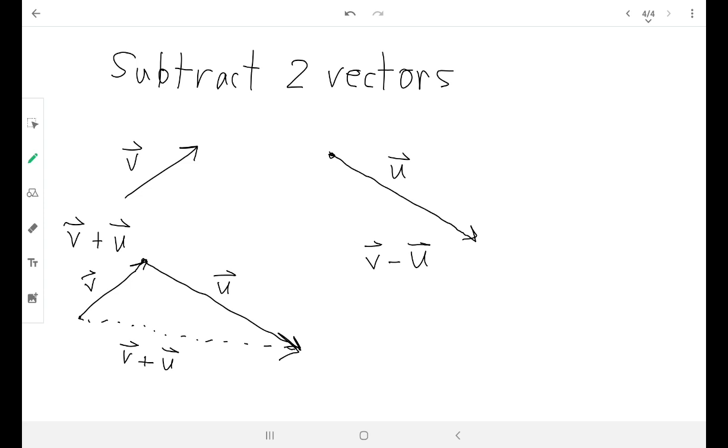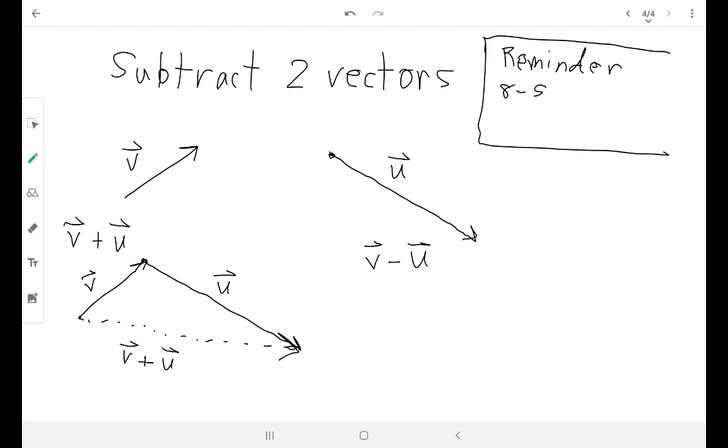Okay? Well, I want to remind you of something. I'll put in a box here. Reminder that 8 minus 5 is the same as 8 plus negative 5.